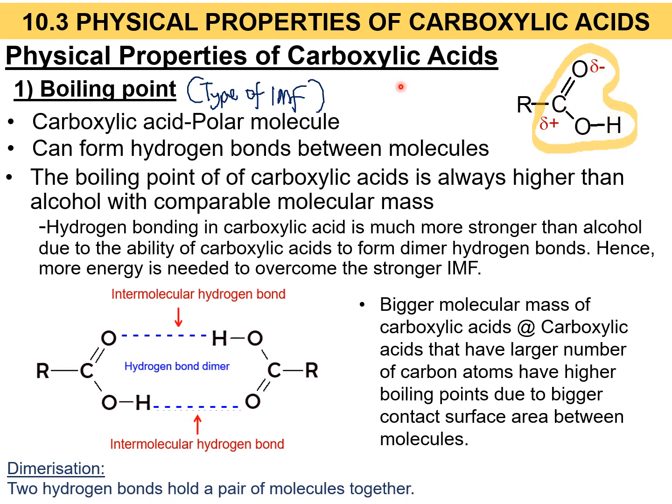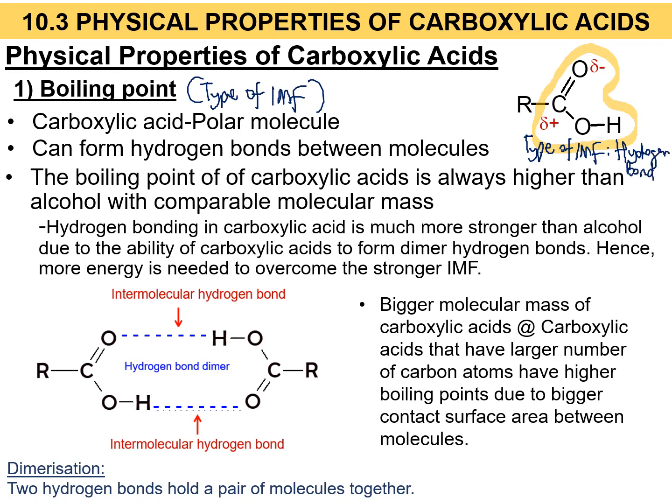But how about dia punya type of intermolecular forces? Okay, the type of intermolecular forces adalah hydrogen bond. So kita tahu hydrogen bond ni dia punya intermolecular forces dia is much stronger than van der Waals forces.